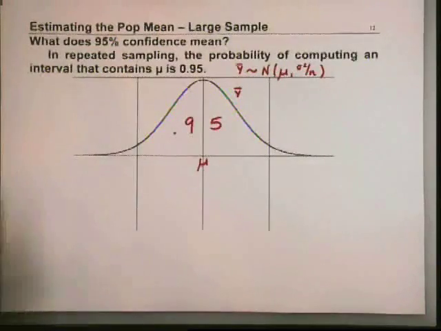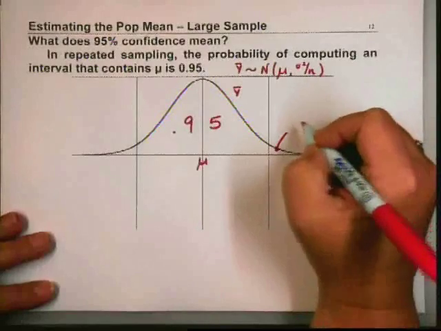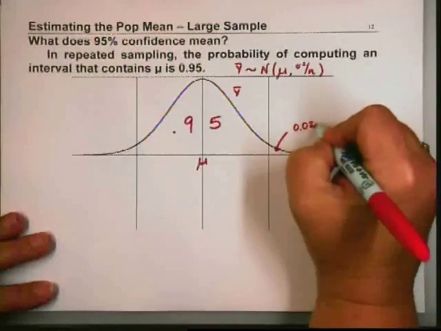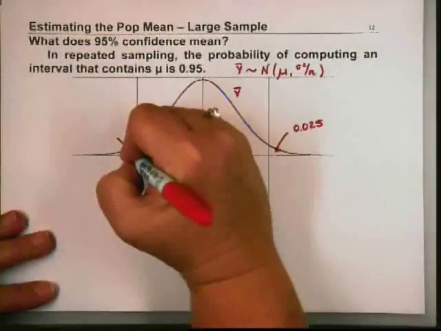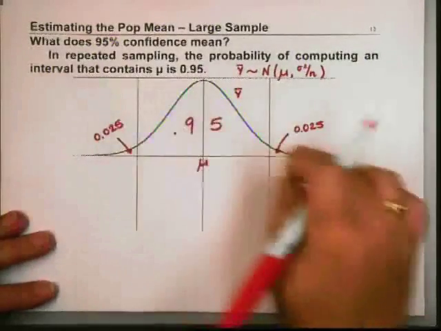By symmetry, we know this area over here is equal to 0.025, and this area over here is also 0.025. Total area is 1.